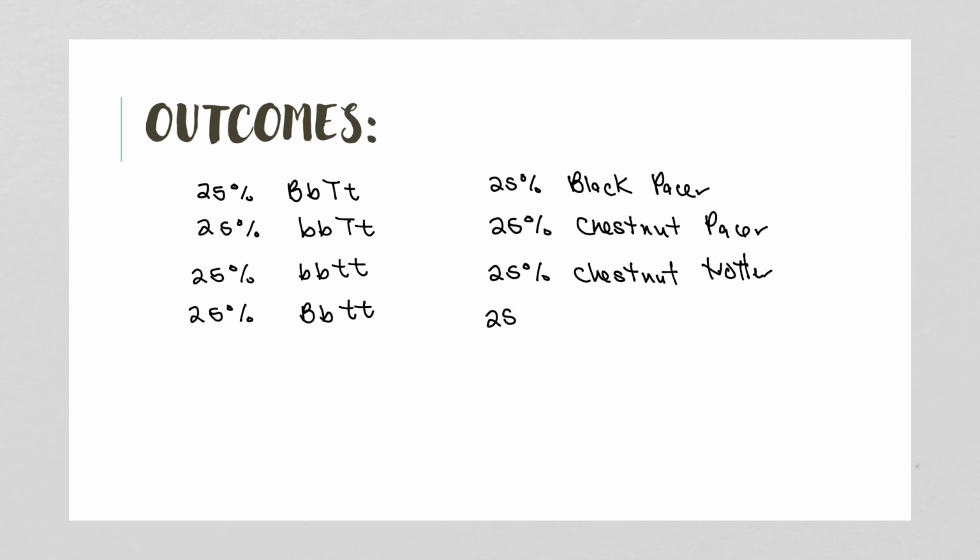And 25% of the time, you should have a black trotter. So there's a second example of a dihybrid cross.